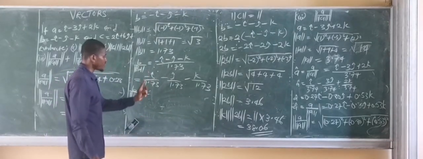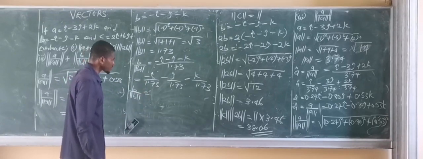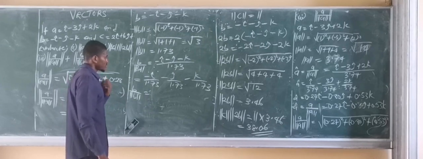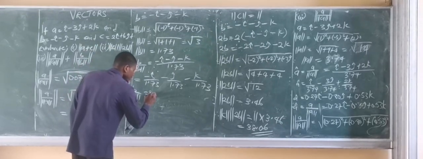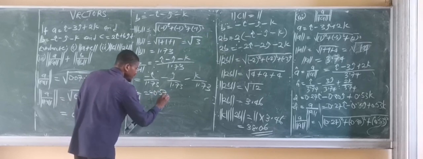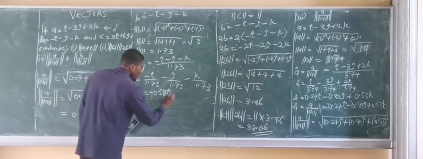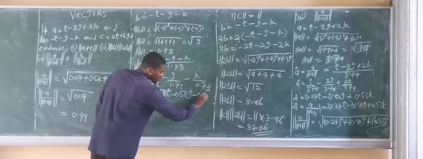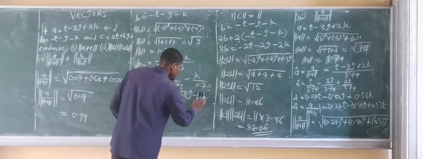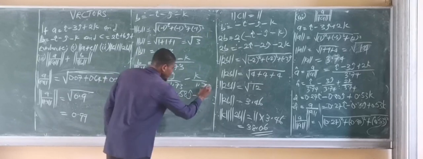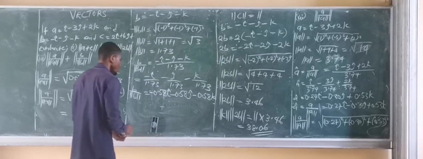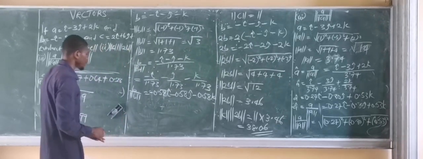This is actually 1 divided by 1.73, which is minus 0.58i minus 0.58j minus 0.58k. So we obtain this to be the unit vector.